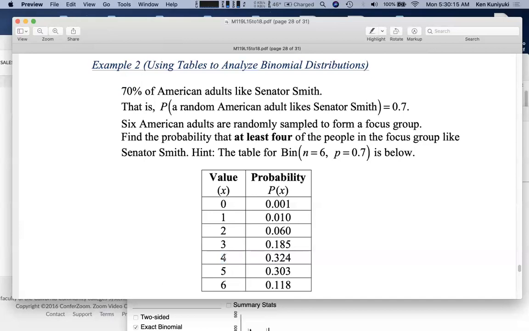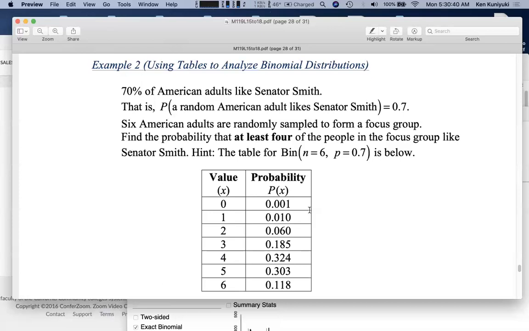The probability that exactly 4 people like Smith is 0.324. After that, the probabilities go down. The probability that all 6 people like Smith is lower, 0.118, but not terribly low. Senator Smith is very popular, so the probability that all 6 like Smith is not too low. It's lower than the probability of 4 liking Smith, but it's not that close to 0 either.